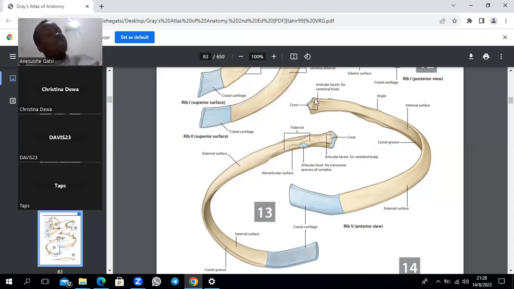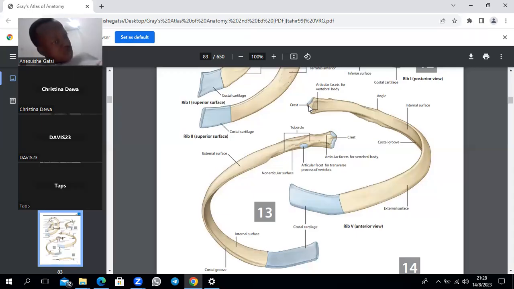Then the other one is for articulation with the vertebral body above it, which is T4. So for a typical rib, the head has 2 facets.